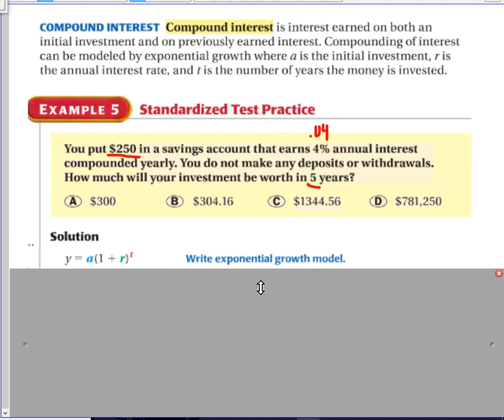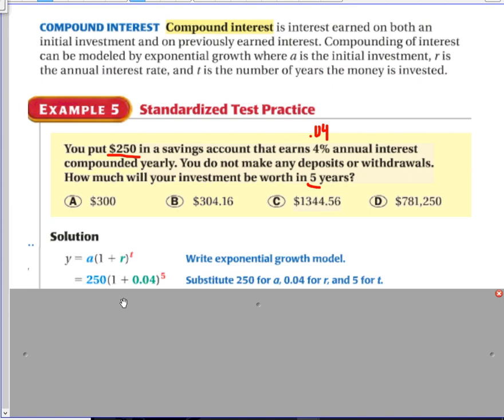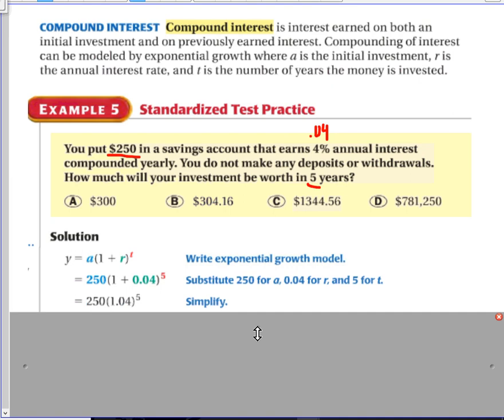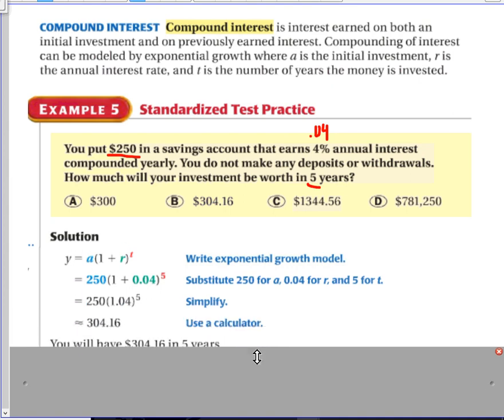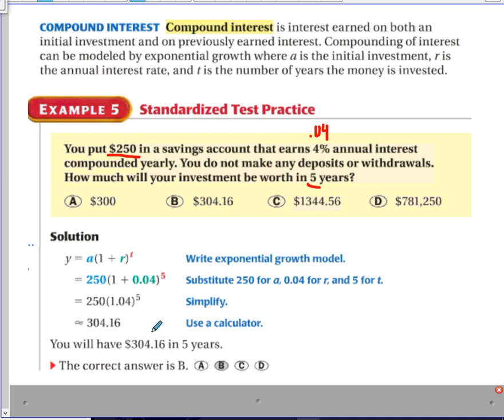So that's going to be my t. I'm going to plug in all that information, and then I'm just going to solve. 1 plus 0.04 is 1.04. That to the 5th power, I'm not sure what that is, but I'll figure that out. And then I'm going to multiply it by 250. My answer is going to be $304.16. So in this case, my answer would be B.